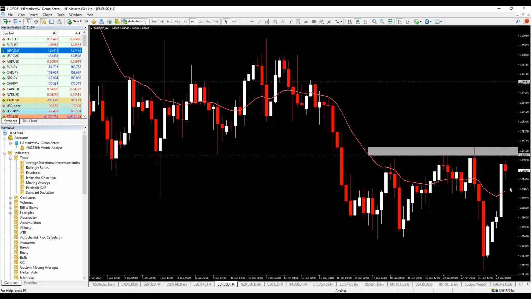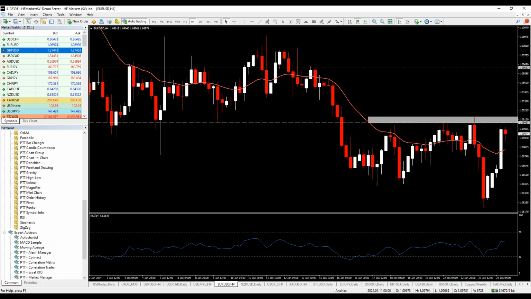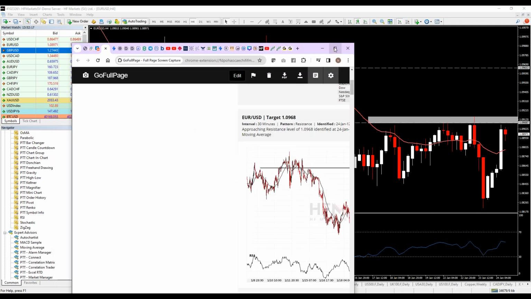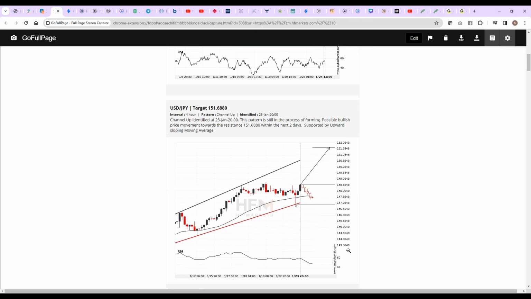As soon as we see a break of that level, then indeed the 109.68 could be breached. Let's check market RSI as well. You see, it does the scan for you, and you need to double check whether you agree or not, whether it's something that you should add to your watch list or not.